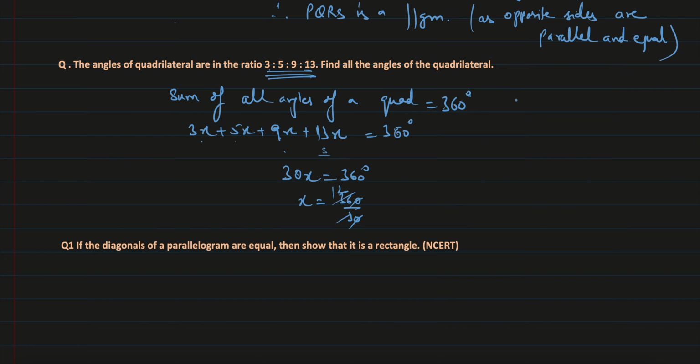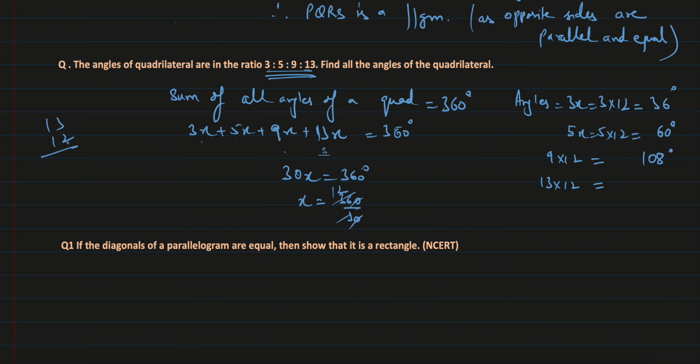So when x is 12, the angles are: one is 3x, so 3 into 12, that is 36 degrees. 5x is 5 into 12, which is 60 degrees. Then you have 9 into 12, which will be 108 degrees. And then you have 13 into 12, so multiply that. What is 13 into 12?